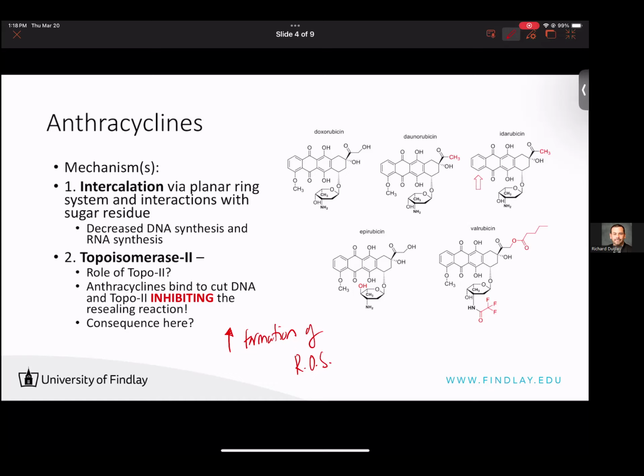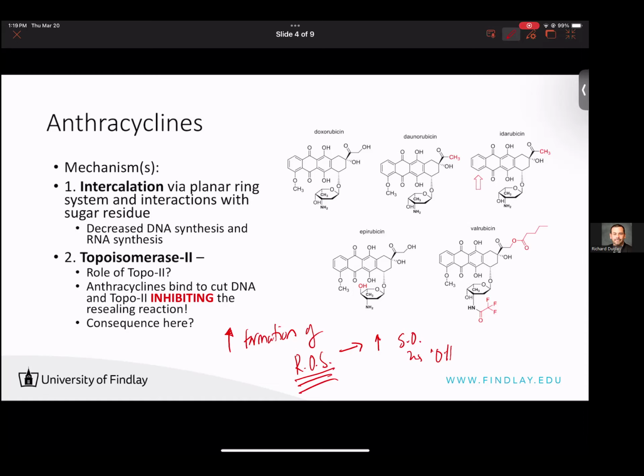They serve as substrates for reduction reactions, and in doing so, you increase the amount of superoxide that can lead to the formation of a variety of different oxidizing agents, including the hydroxide radical. And the formation of these reactive oxygen species can actually lead to cancer cell death as well.